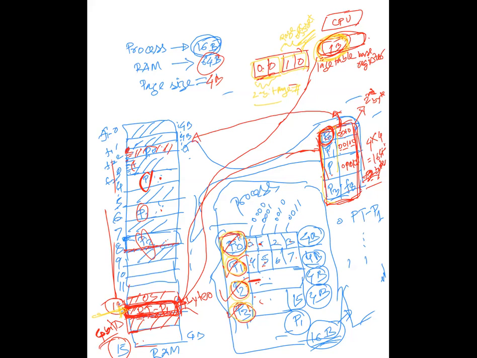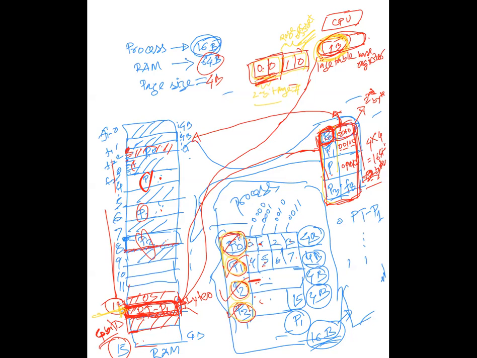What it does in here, the CPU has these 2 bits. From these 2 bits, the CPU identifies the page number, and from here it also identifies the location of this page number inside your RAM.